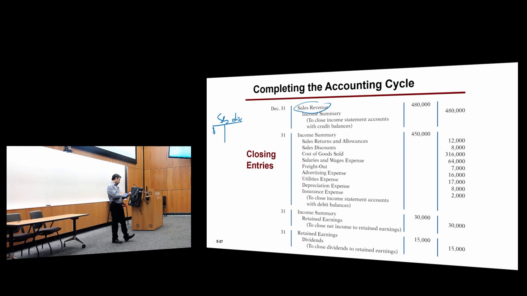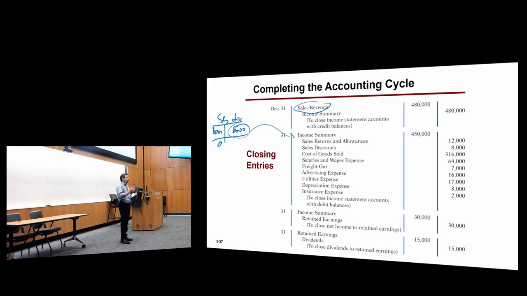You want to make it zero, you credit 8,000. The balance now is zero. And this one, you credited it, so you debit that amount to income summary. The same way that we did before.